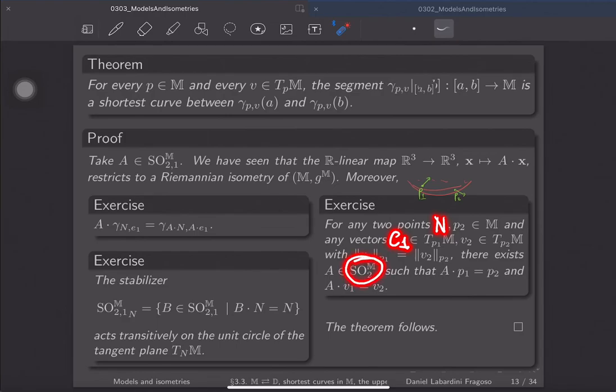Using A, I can map this pair to any point P2 with any unit tangent vector, right? And when I do that, and I apply A to the curve, I obtain precisely the corresponding candidate curve.